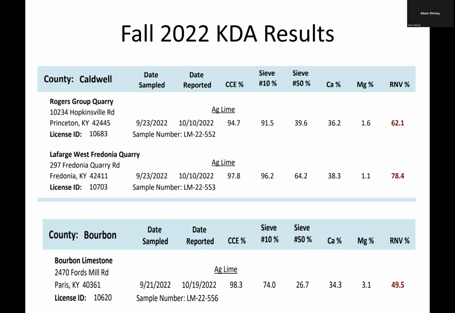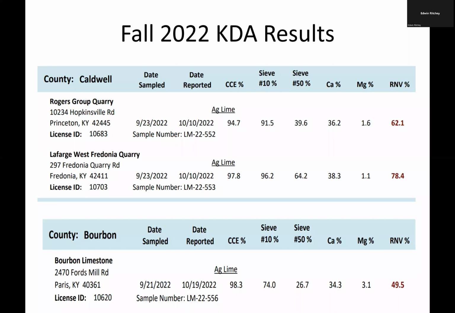If we look at the calcium carbonate equivalent for all three of those, they're pretty similar: 95, 98, and 98. But if we look all the way over to the right, their effectiveness, the relative neutralizing value, they differ quite a bit: 62, 78, and 50.